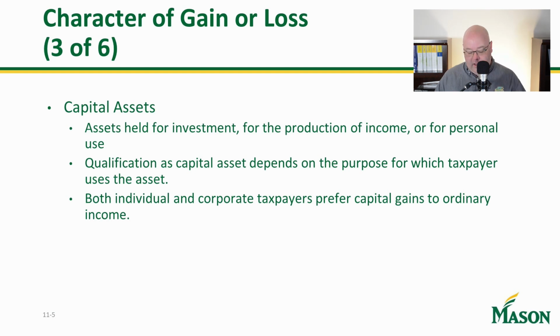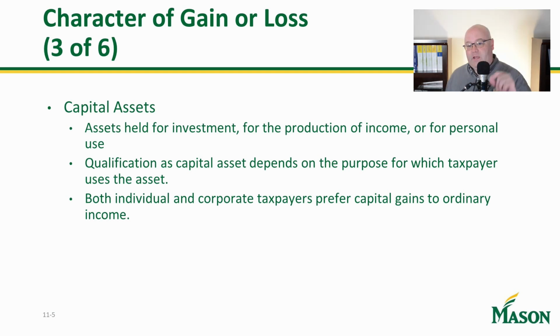If I take land, divide it up, and sell off parcels after I've developed houses on it, that land and the houses are inventory. I don't get to treat that as capital gains. I'm a dealer in real estate, as a result of which I get ordinary gain and ordinary loss treatment on those assets. Both individual and corporate taxpayers generally prefer capital gains to ordinary.